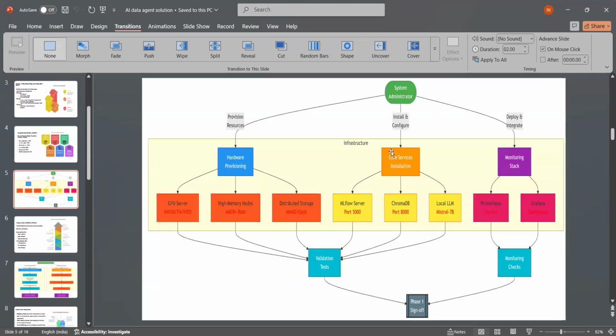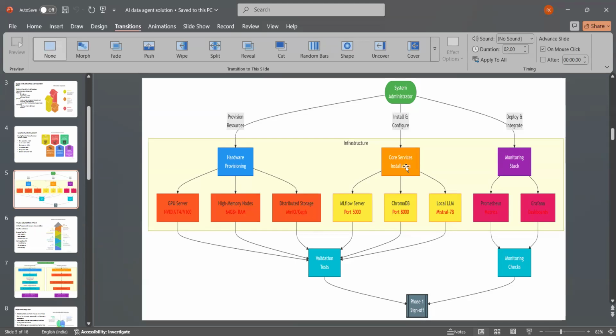Here is how the system administrator performs: provisioning resources, installing, configuring, deploying and integrating. Here is the hardware provisioning, like GPU servers, high memory nodes, and distributed storage. Here I am showing my phase one.